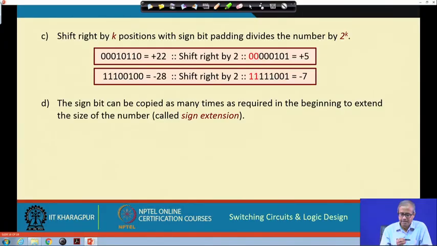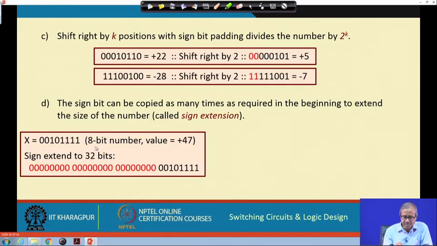And one last trick, let me tell you, just as this example shows, you can replicate or copy the sign bit as many times as you want without changing the value of the number. This is called sign extension.